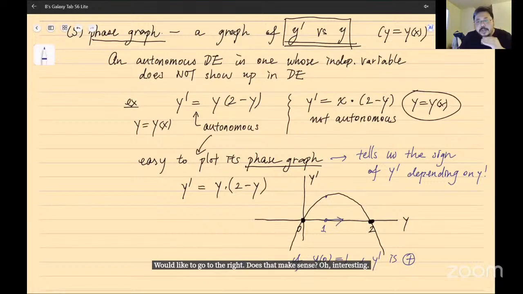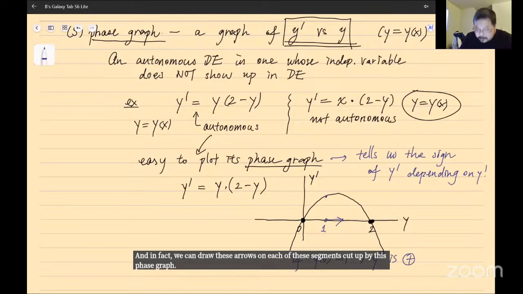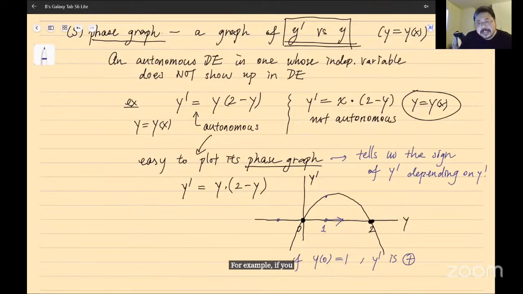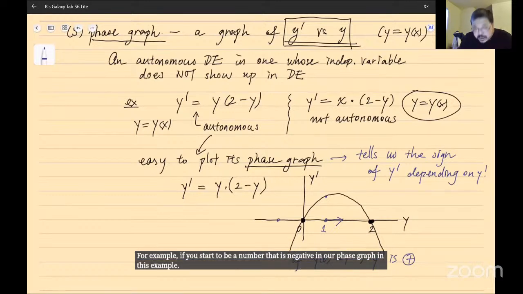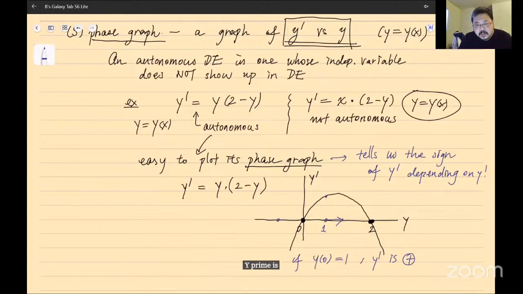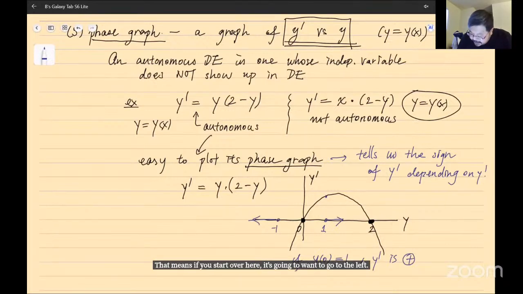And in fact, we can draw these arrows on each of these segments cut out by this phase graph. For example, if you start at a number that is negative, y prime is negative, right? You see it's below this horizontal line. That means if you start over here, it's going to want to go to the left. And if you start at a number bigger than 2, say 3, it's going to also want to go to the left as well.